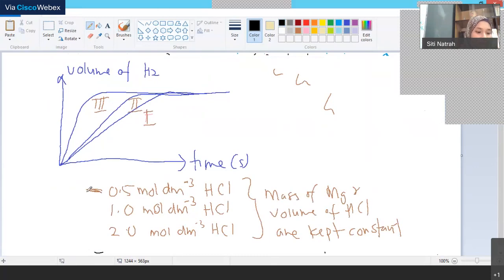Jadi 0.5 ni adalah kita punya graf 1. 1.0 ni adalah graf 2. Dan sebab dia concentration kan, kita tahu kalau concentration semakin tinggi, the higher the concentration, so the faster the reaction. So graf 3 ni adalah untuk 2 mol.